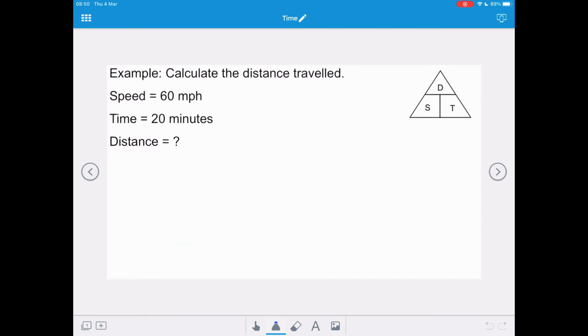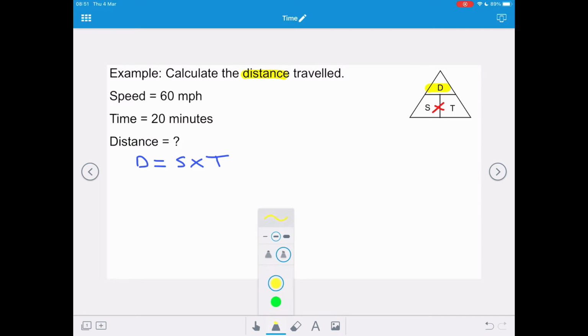Now in the second example, we want to calculate the distance travelled. 60 miles per hour is the average speed and 20 minutes is the time. So again, we're looking for distance, and that's the top of our triangle D, so that means D equals S multiplied by T. So we're going to write down our formula, D equals S times T. Now before we can do any substituting, we need to make sure that our units are the same.